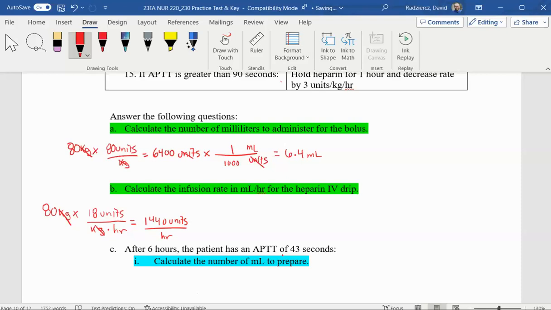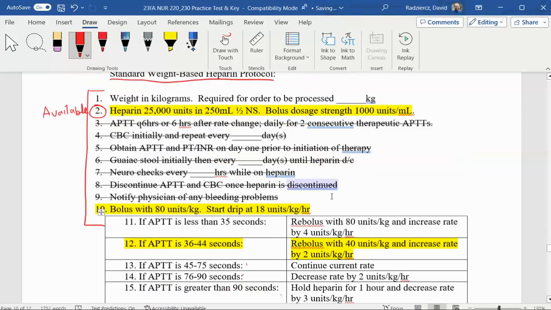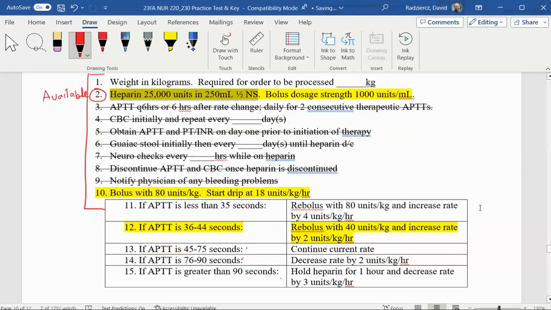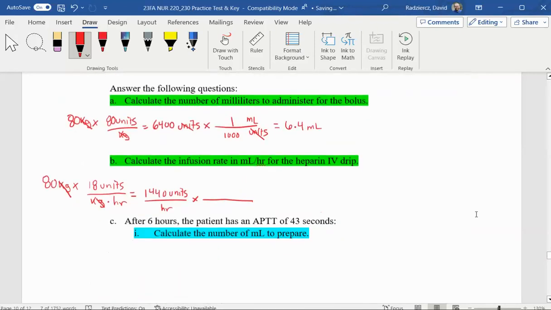So you've already done this problem before. The only thing that might be different is the actual available. So what is my available? Well, looking at the heparin protocol, it says I have available heparin 25,000 units in 250 milliliters half normal saline. So I'm going to take that information, get rid of units, and convert it to milliliters. 250 milliliters, 25,000 units.